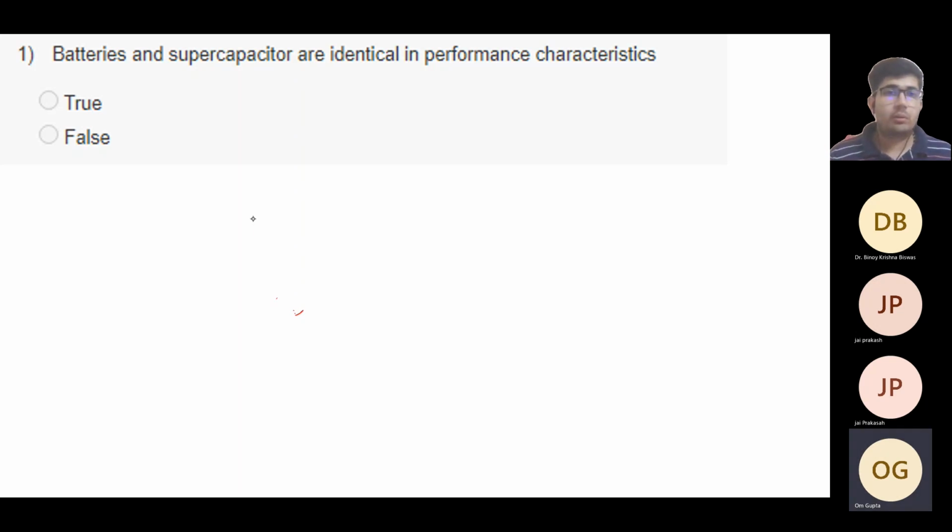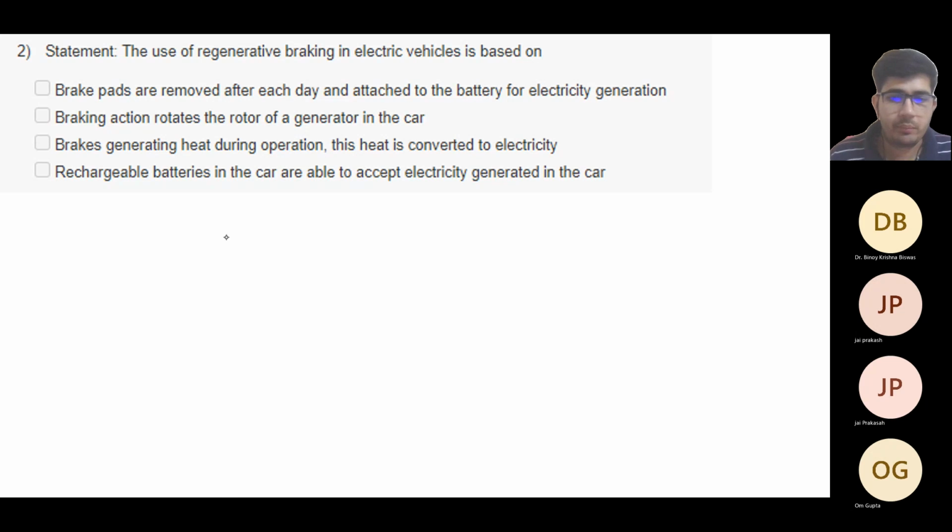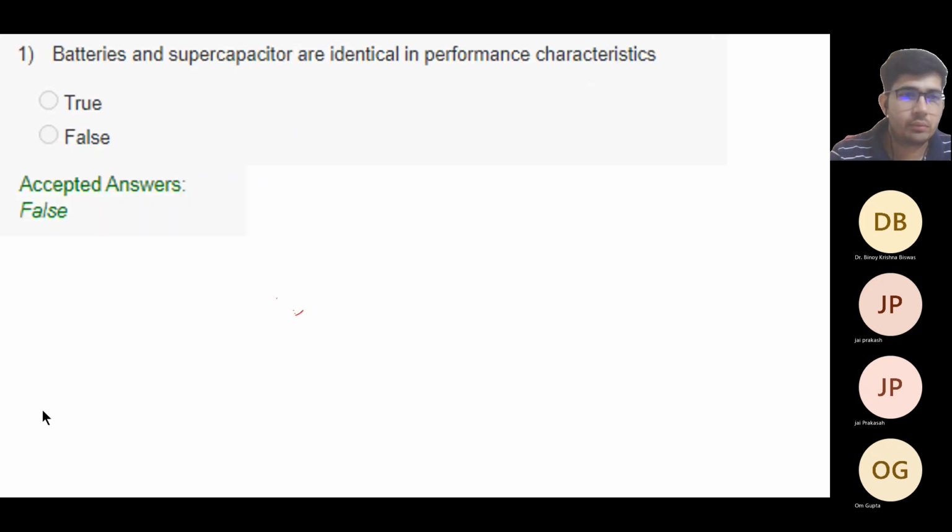So the question is, batteries and supercapacitors are identical in performance characteristics.